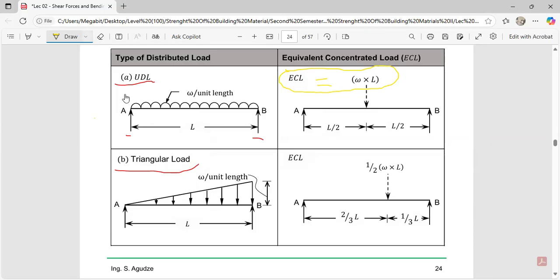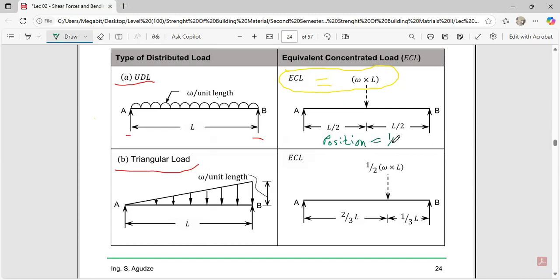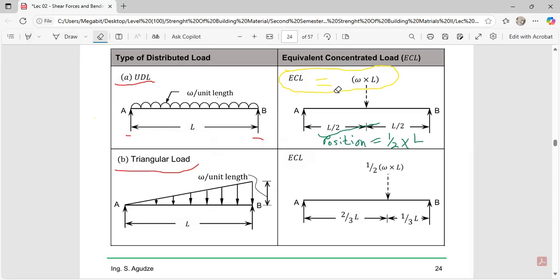And to calculate the position, you just have to multiply half times L. The position is equal to 1 over 2 times L. That's why you can see that they are writing L over 2. That's how you calculate the position of a UDL.